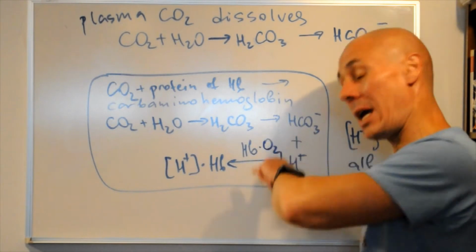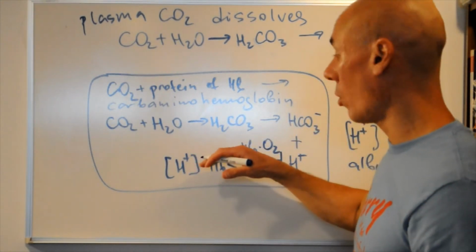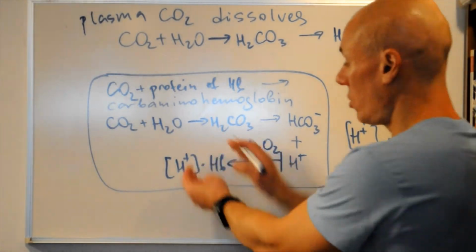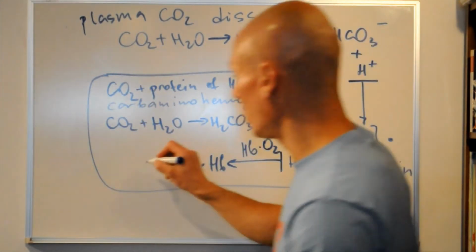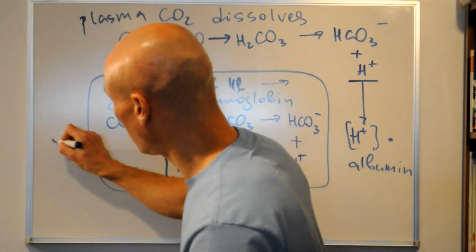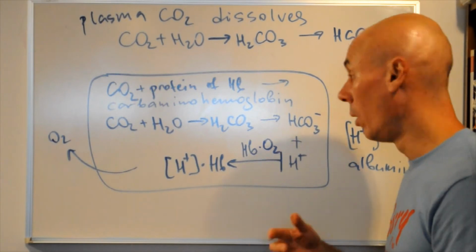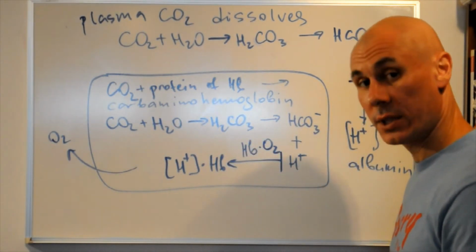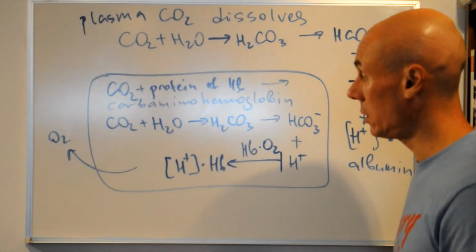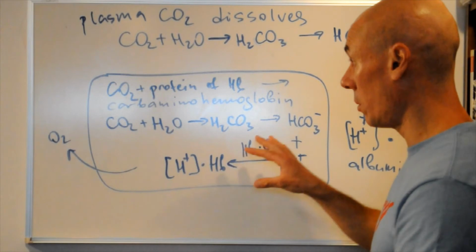It's hemoglobin with oxygen on it. When hydrogen binds to hemoglobin, that changes the shape of hemoglobin, so hemoglobin releases oxygen into the tissues. So here you can see how that specific process of carbon dioxide transport can facilitate the unloading of oxygen in the tissues.